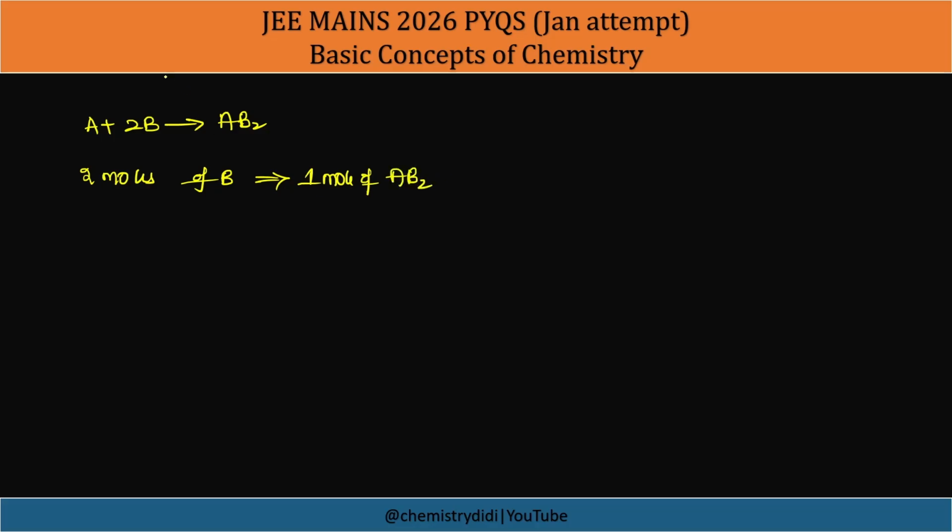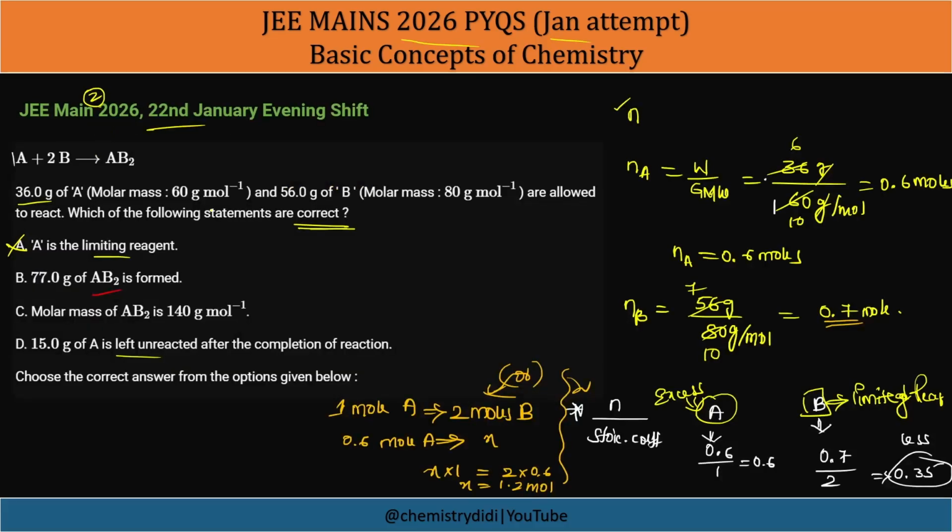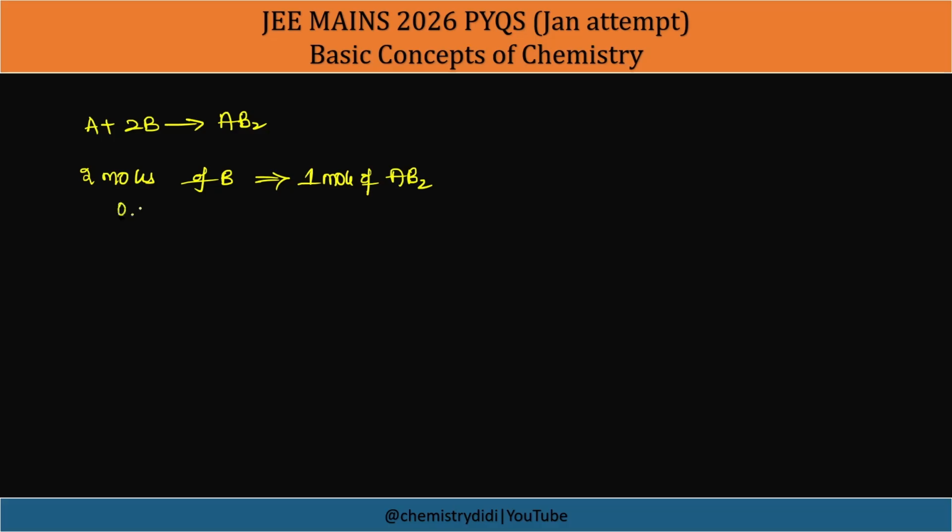So here we are writing according to the reactant B, because it is a limiting reagent. And here, how many moles are there for B? 0.7. So 0.7 moles of B requires how many moles of AB2?